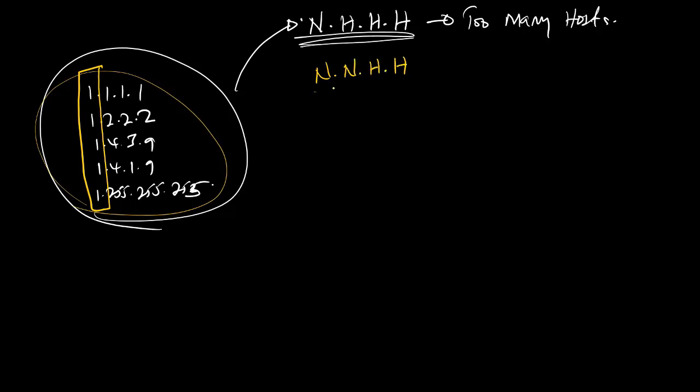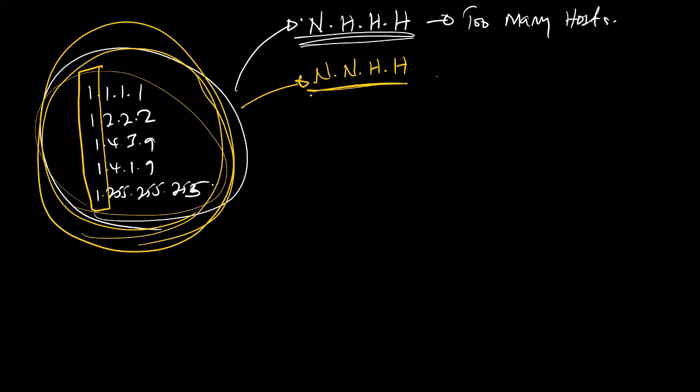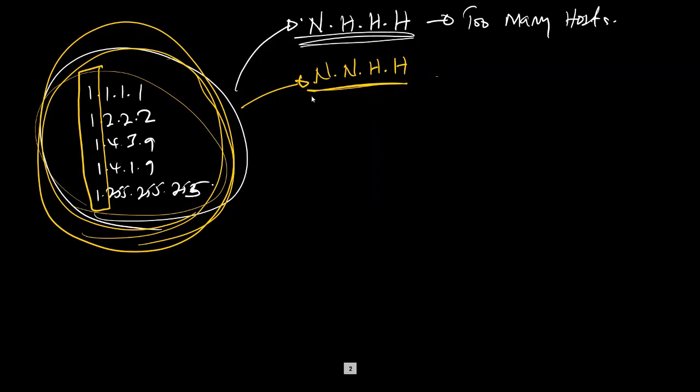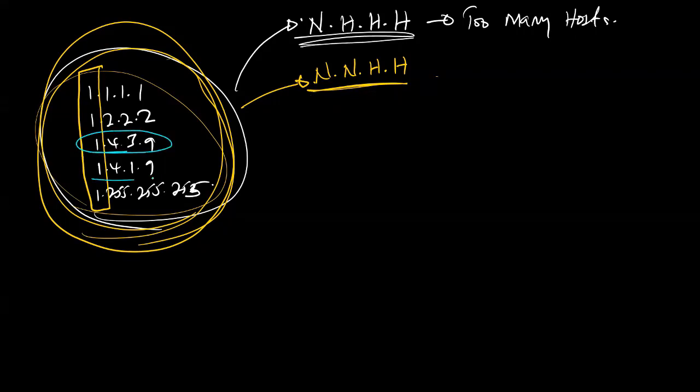But now imagine these IP addresses in the format network.network.host.host. Let me see who is following. Which of these are in the same network if they are in this format? 1.4.3.9 and 1.4.1.1, 1.4.3.91.